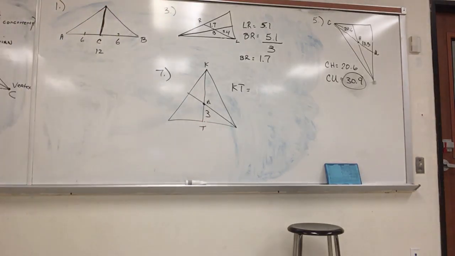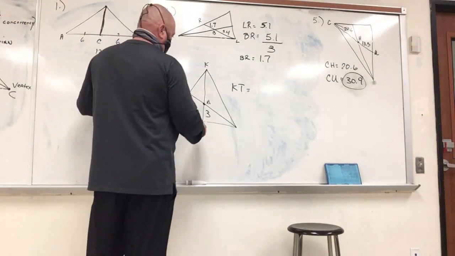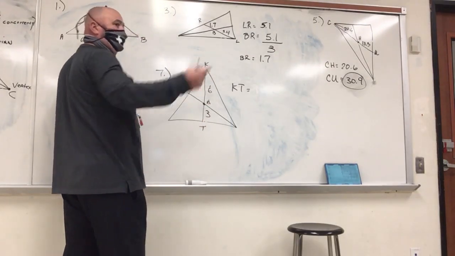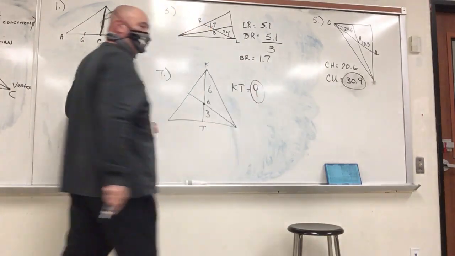Here's the long segment, here's the short segment. What do you do to that? You multiply by 2. What's 2 times 3? 6. Now I'm trying to find that segment, which is 6 plus 3. What's 6 plus 3? 9. So my answer is 9.